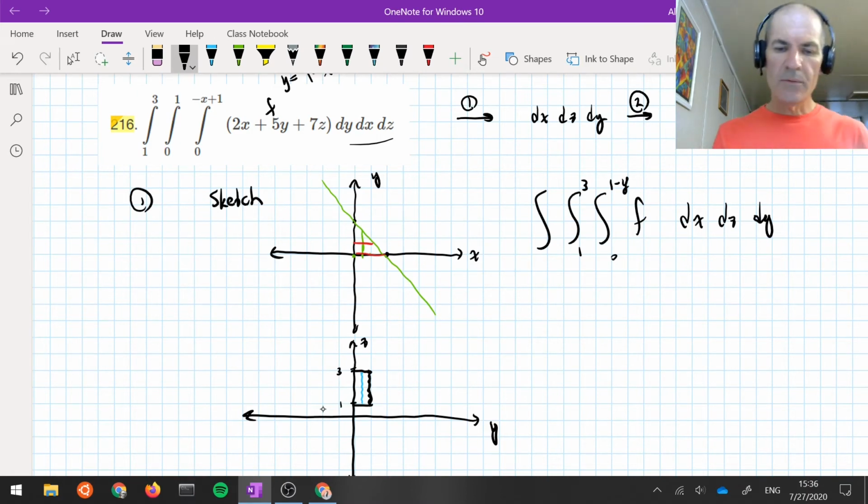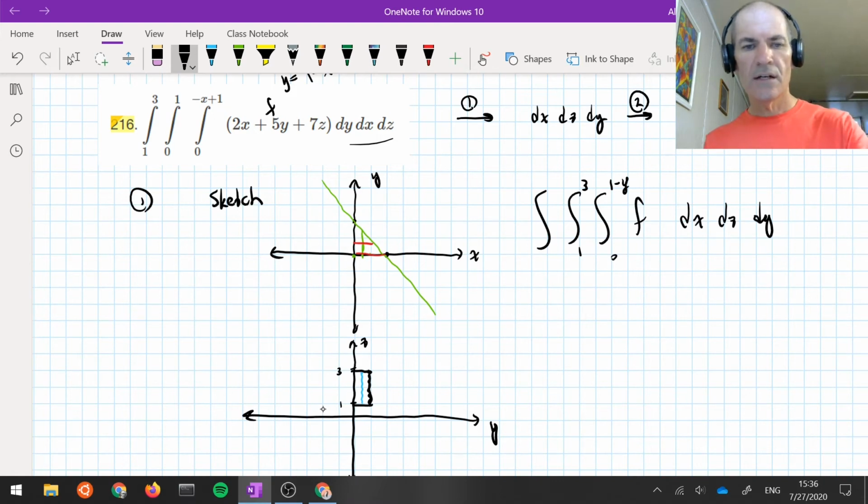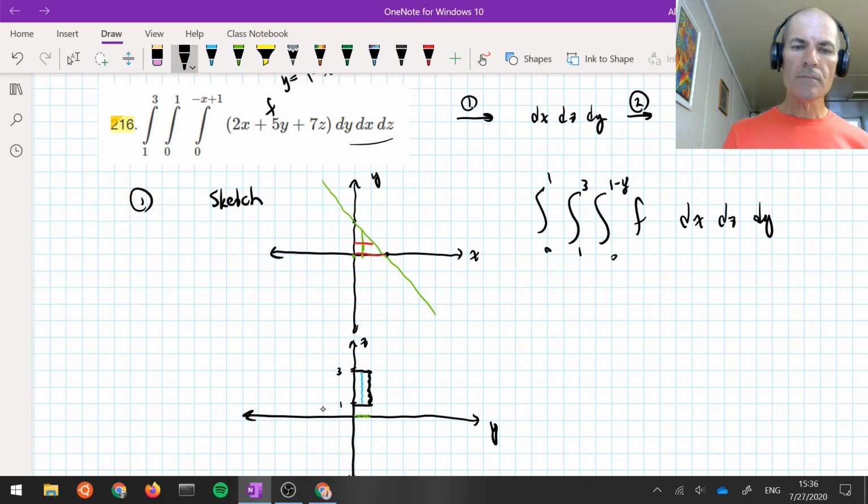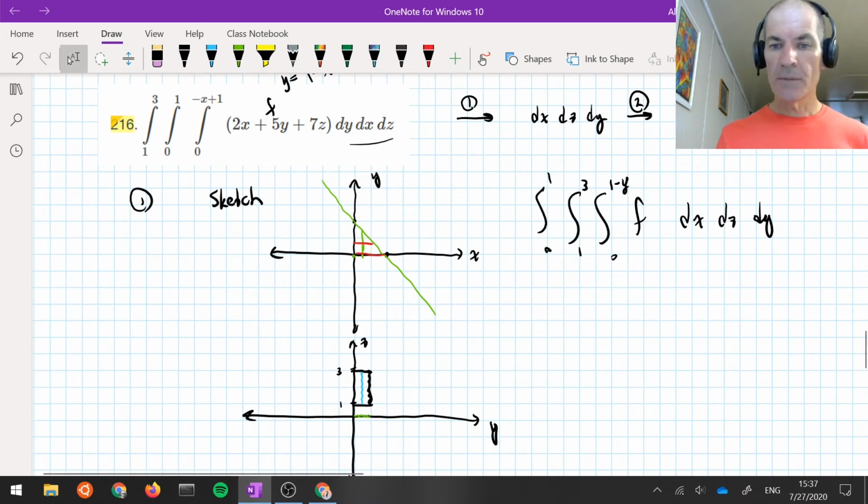Once we finish that, we smash it down onto the y-axis, which we're going to paint in green. If we smash this down onto the y-axis, it's going to cover the interval from 0 to 1, like that. So that would be the integral in the first circular permutation.